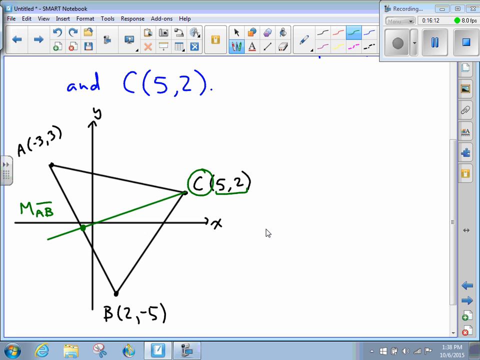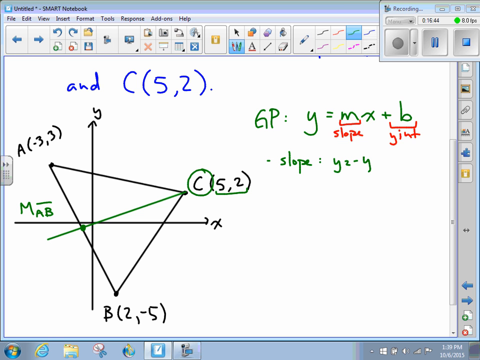Game plan. In order to find the equation of a line, we need y equals mx plus b. We're going to replace the m, which is the slope, with a number, and we're going to replace the b, which is the y-intercept, with a number. So we have to find those two pieces of information. We know the slope can be found by using y2 minus y1 over x2 minus x1.